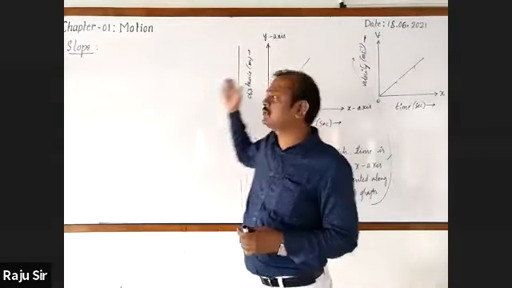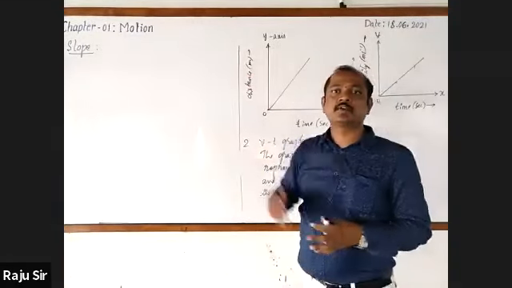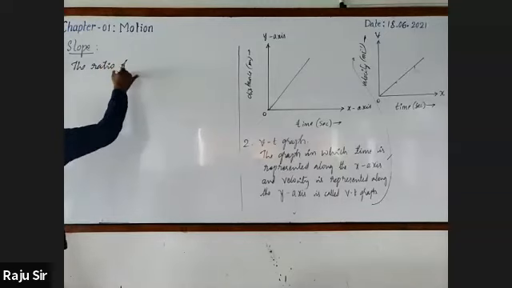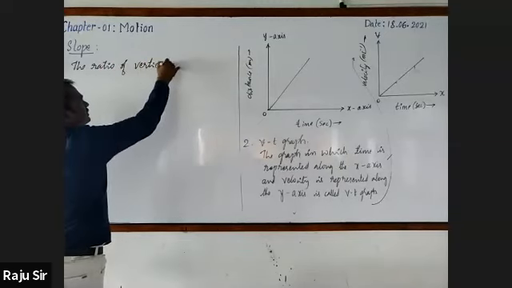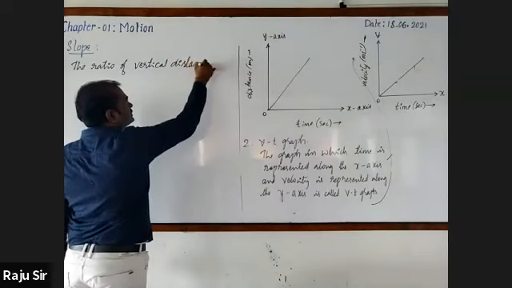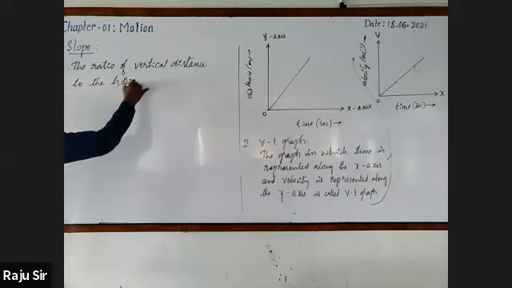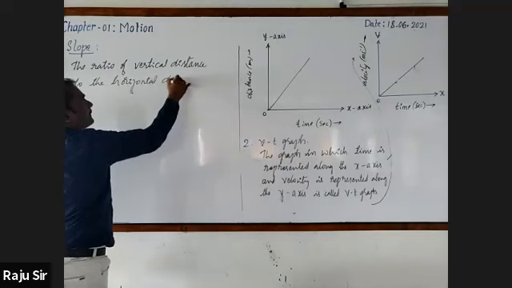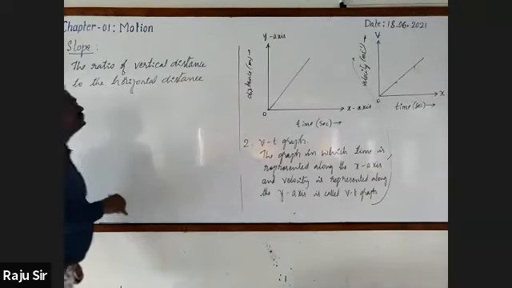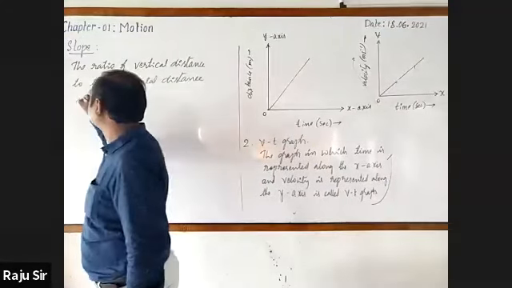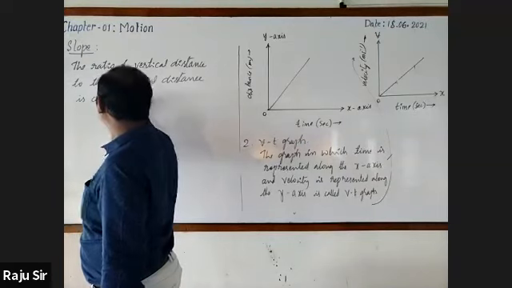The ratio of vertical distance to the horizontal distance is called slope.